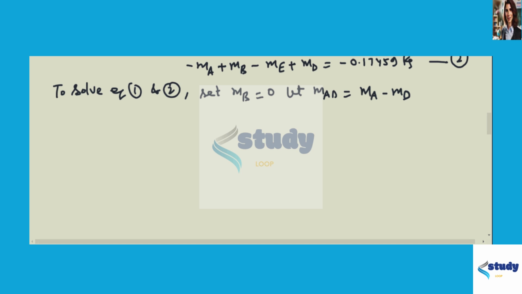Then MAD minus ME is equal to minus 0.1425, and minus MAD minus ME is equal to minus 0.17459.